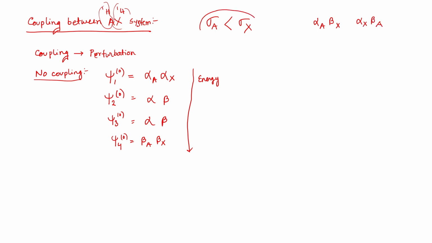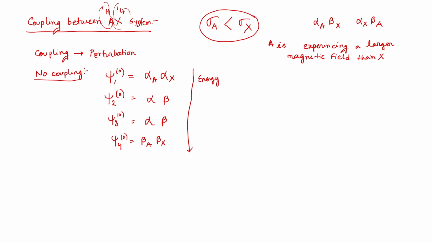That is why this approximation comes into play, that sigma, the shielding constant for A, is actually less than sigma of X. Then proton A is experiencing a larger magnetic field than X. So the splitting will be more in A, right?